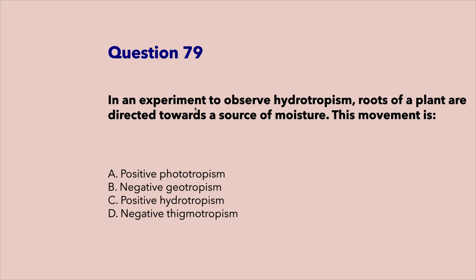In an experiment to observe hydrotropism, roots of a plant are directed towards a source of moisture. This movement is positive hydrotropism.